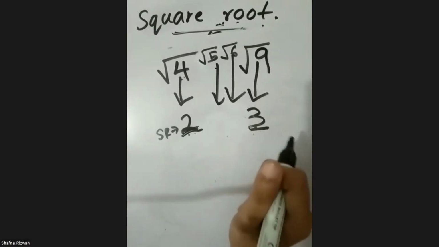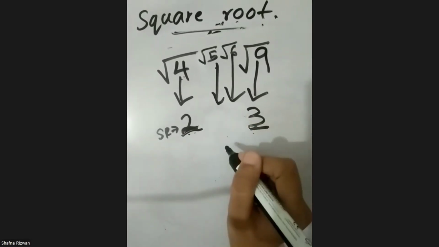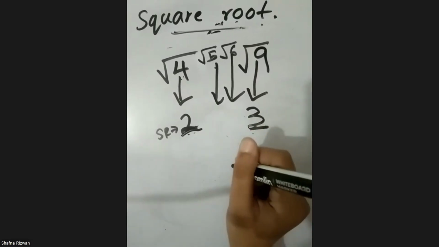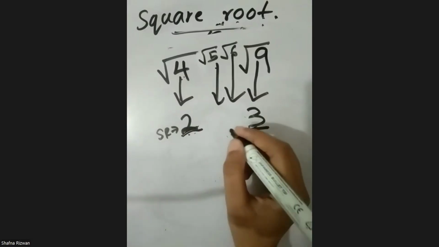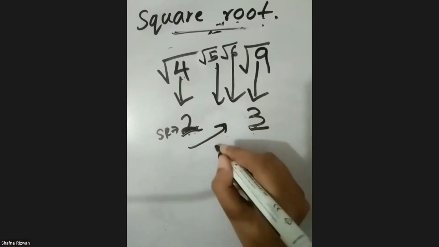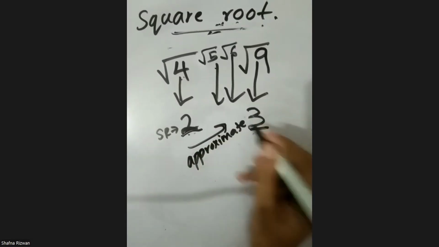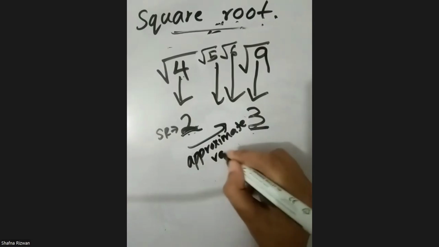But now you all have to say, if you get a decimal answer here, how are you going to find it? In order to find it, we are going to do something known as approximation, or we are going to take an approximate value.